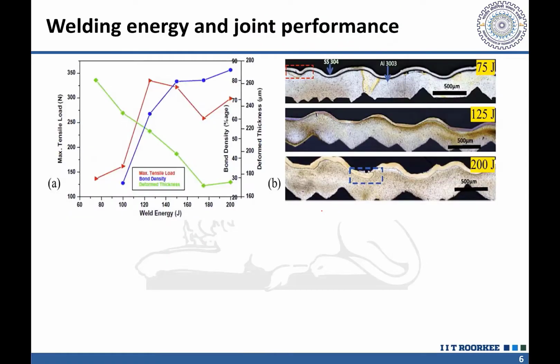Okay, so this is just an example to demonstrate what happens depending on the amount of energy supplied to develop the joint between two different materials. Say in this case the steel is being joined with the aluminum alloy.